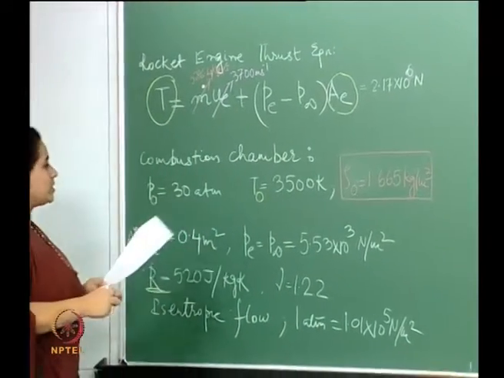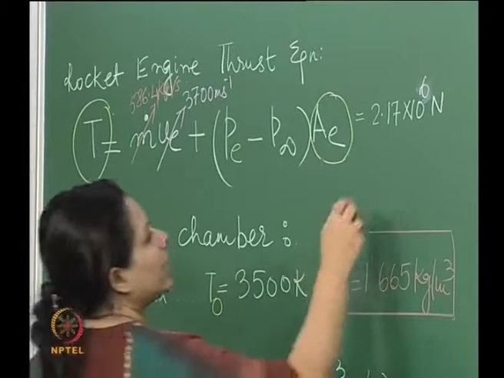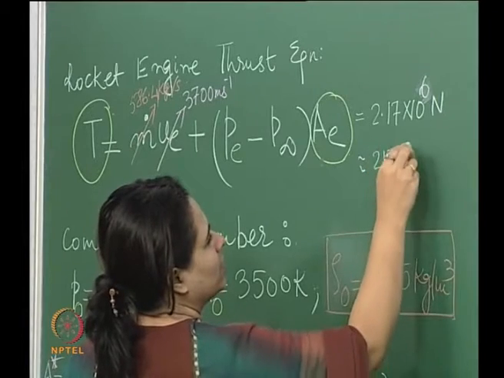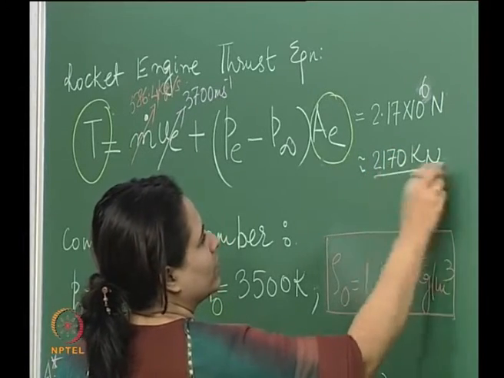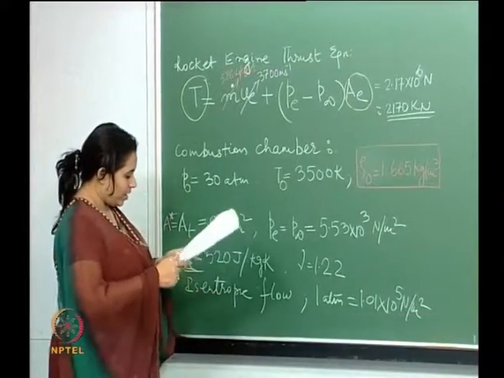It's 2170 kilonewtons if you were to look at this. So this I can write as, just to give you a little more idea, we have nearly 2,200 kilonewton thrust being generated by the rocket engine. Okay, this is the total thrust.